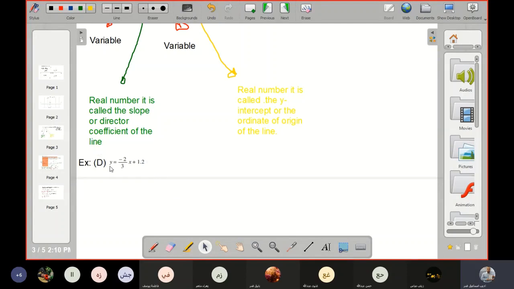What is the slope of this line? -2/3. Very good.